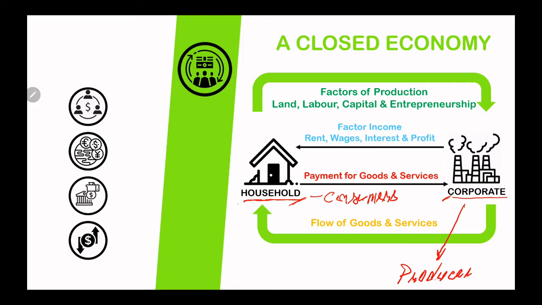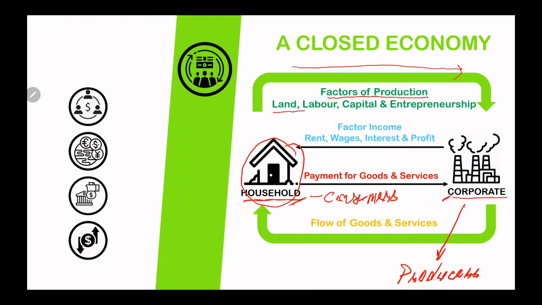These are the two sectors in an economy. As you can see, the households are providing the factors of production to the corporate sector. These are the factors of production.